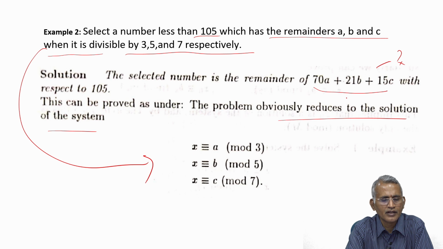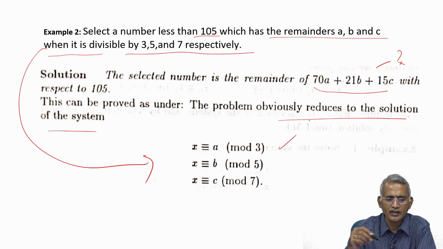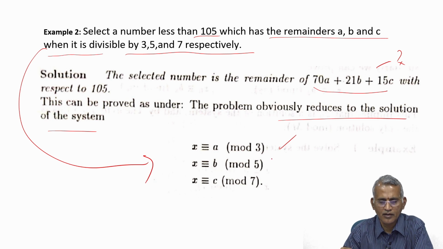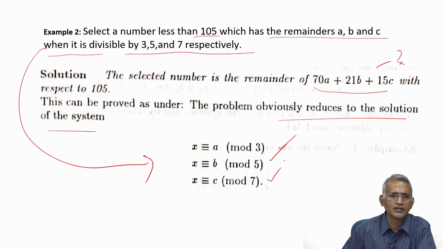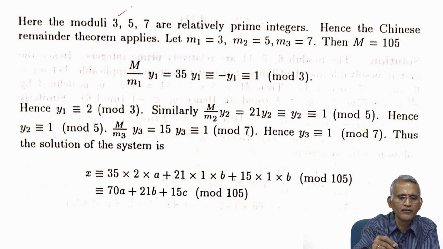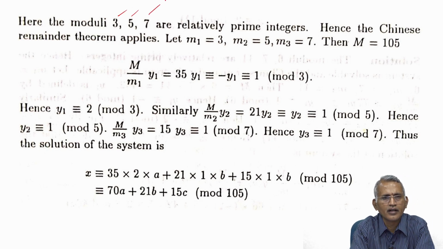Now, from the given statement, x is identically equal to a under modulo 3, and the given problem can be written like this: x is identically equal to b under modulo 5, x is identically equal to c under modulo 7. Now, here the moduli 3, 5, 7 are relatively prime.